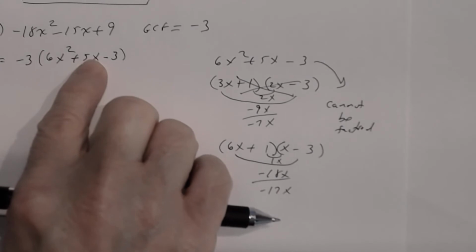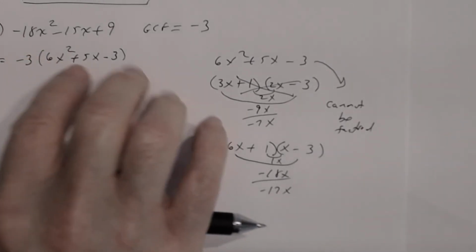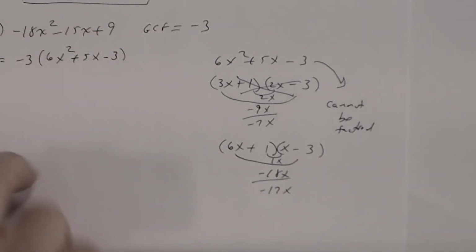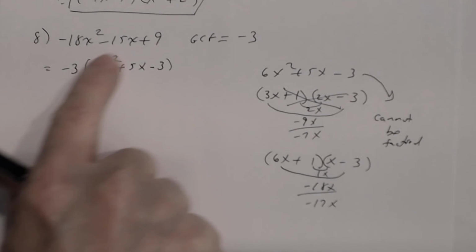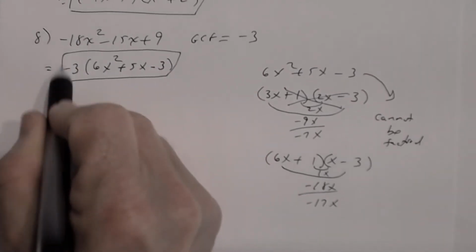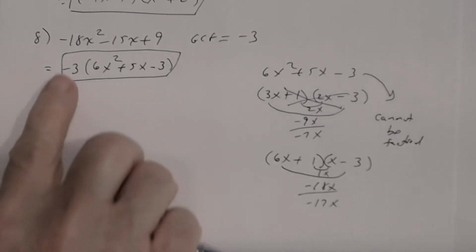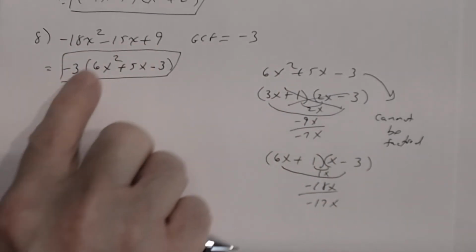Remember, factoring means to write it as a product of factors. There are two factors for this problem. Your factors are negative 3 is the first one, and this trinomial is the second one. So there's your answer. Be careful. Don't say it's prime when only this part is prime, because you did factor the original.